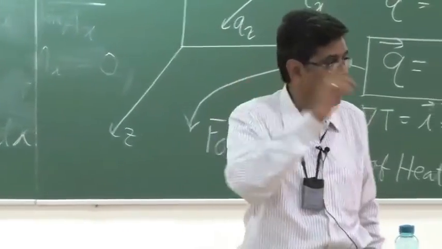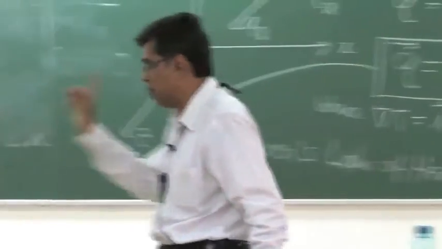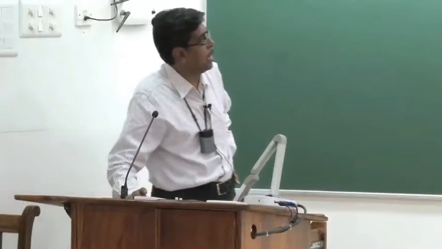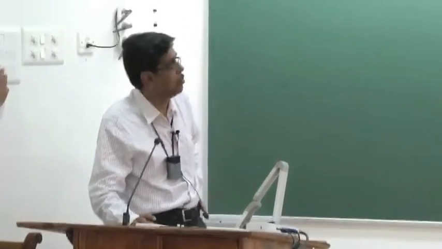Now with this, I will just show some ranges of thermal conductivities of materials for your information. This is nothing great, you just have a look at the range of thermal conductivity of the materials.